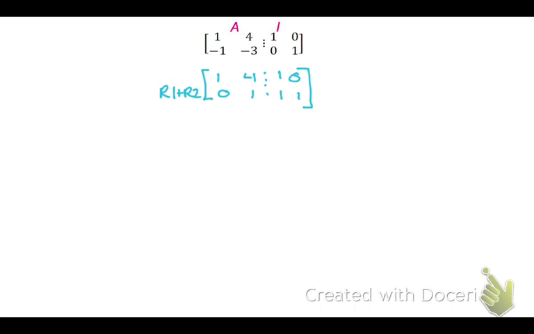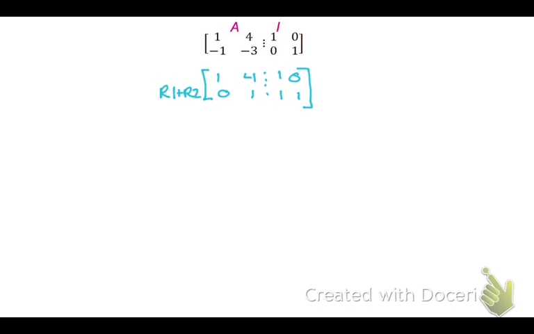Okay, did you get 0, 1, 1, 1? If you didn't, did I do it wrong? No, I don't think so. 1 and 0 is 1, 1. Okay.